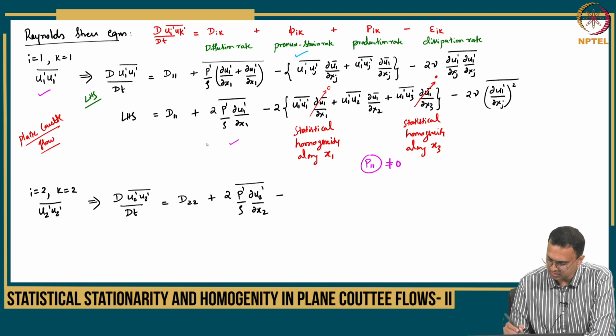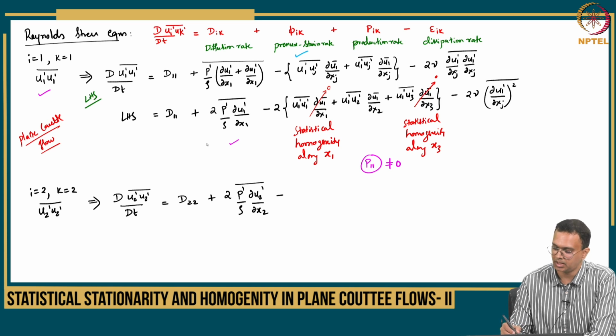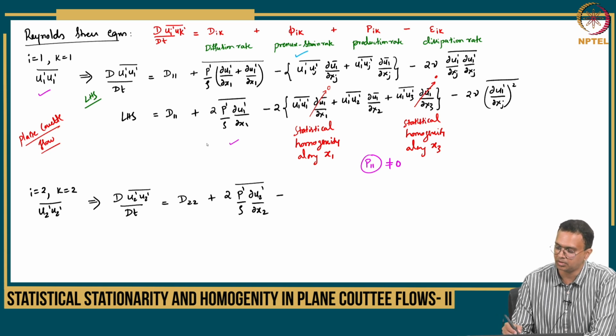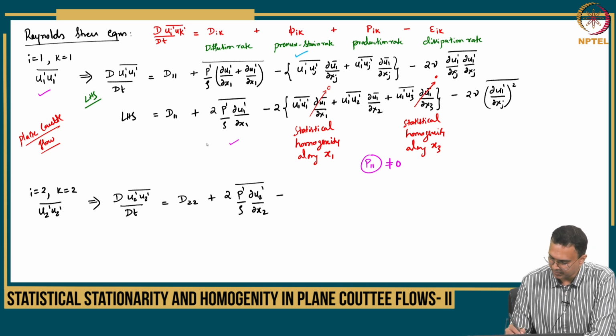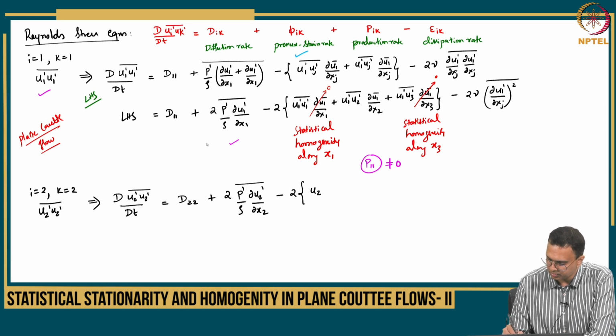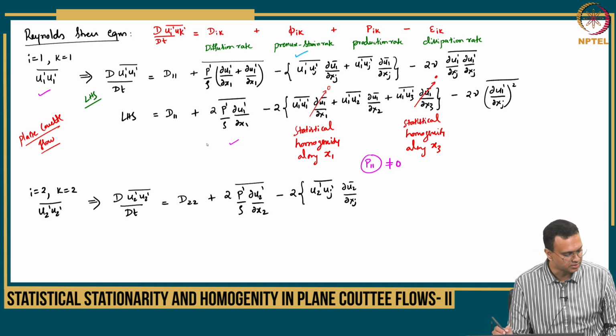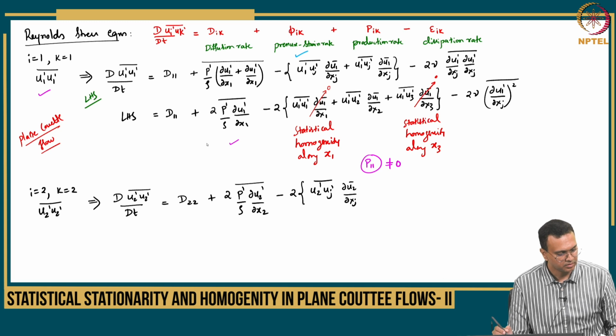Right, minus 2 of this, because it's u2 prime uj prime, and then I get dou u2 bar by dou xj, minus 2 of this. Okay, that's correct.